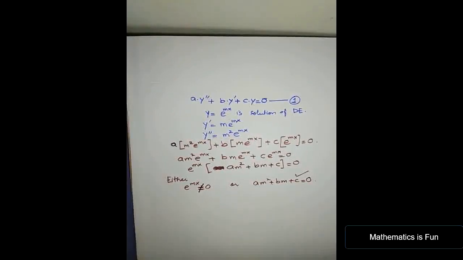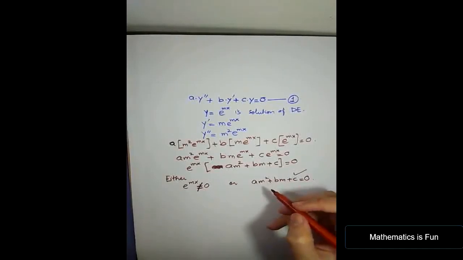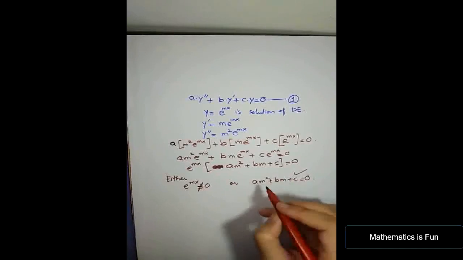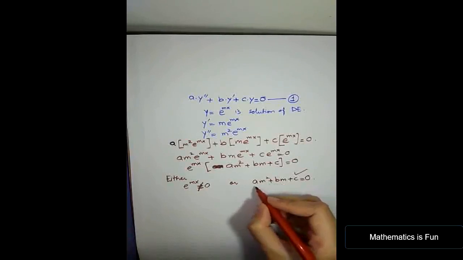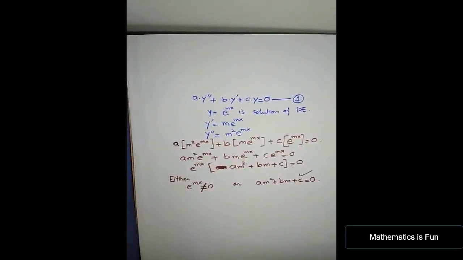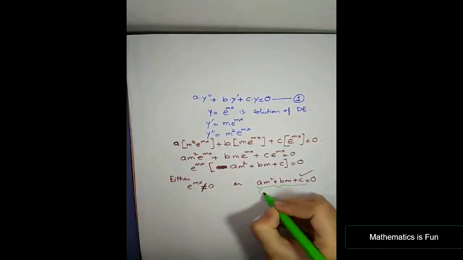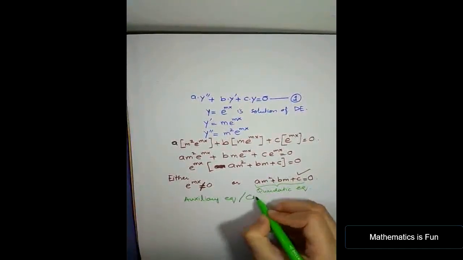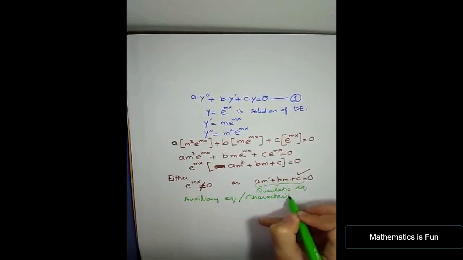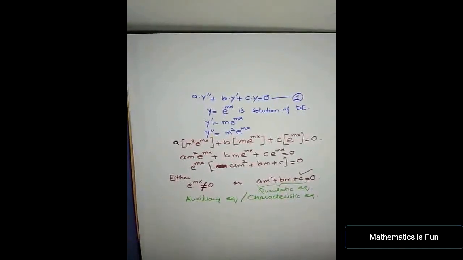It's basically a second order equation, where m is the variable. So this equation is basically a quadratic equation, and this equation is called the auxiliary equation, or we can also say characteristic equation. Based on this equation we decide the solution types, right?